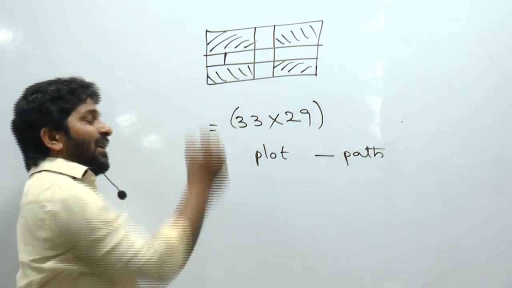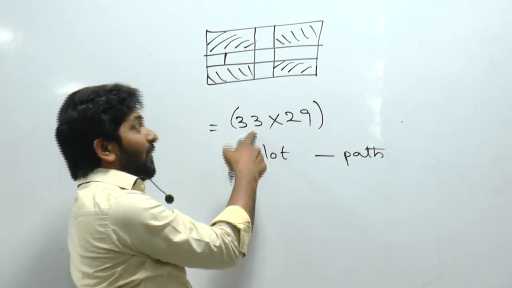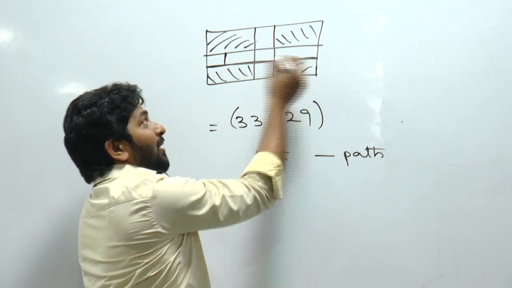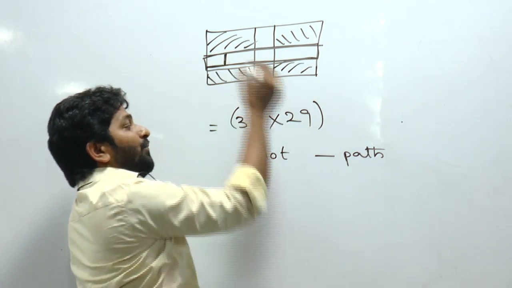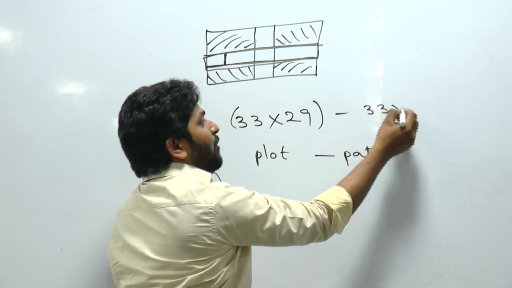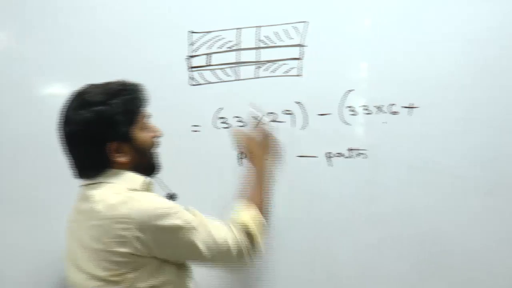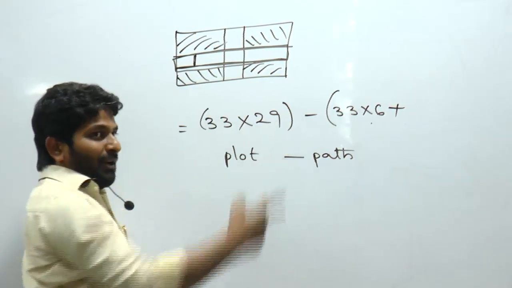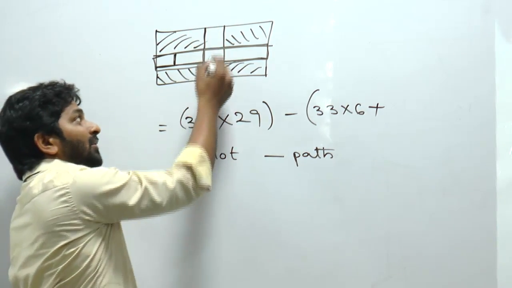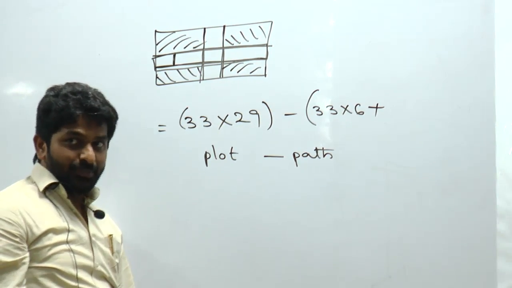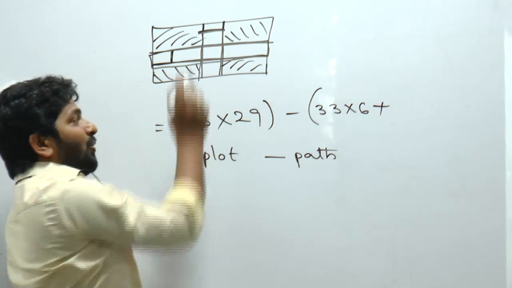Width of this road is given as 6 meters. What is length? 33. Width is 6. So this area will be equal to 33 into 6, plus the road which is parallel to its breadth is given as 29, and this road width is 6.